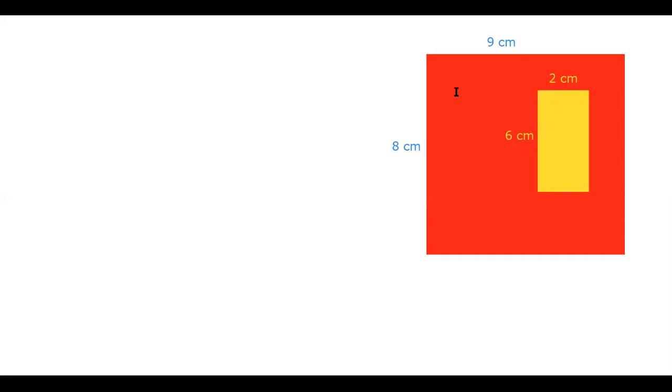The red one, I'm going to name it area 1, and this one, I'm going to name it area 2. Now, area 1, if I want to figure it out, area 1 is actually equals what? 9 times 8, which is 72 centimeter.